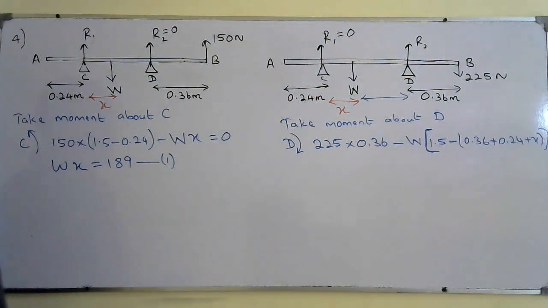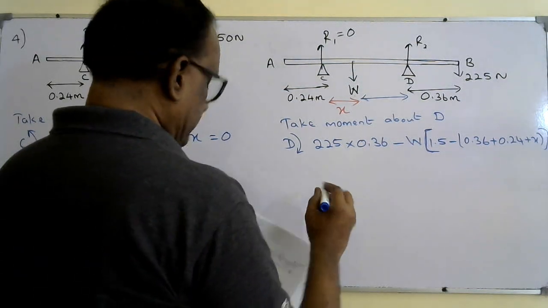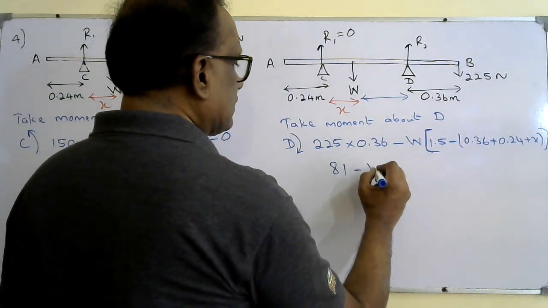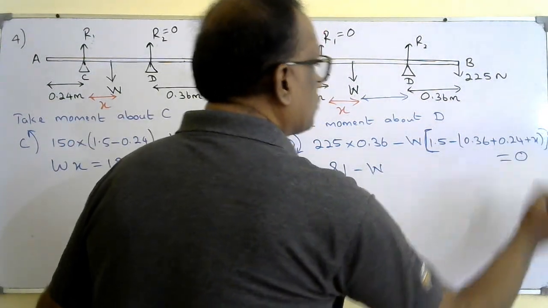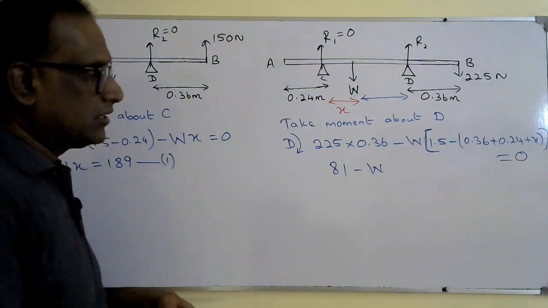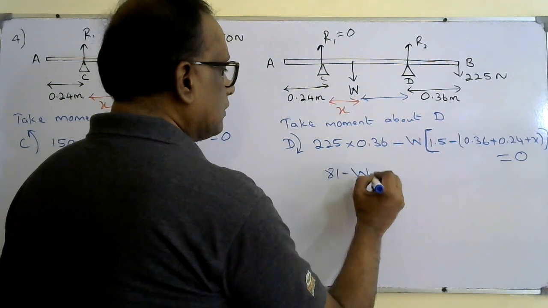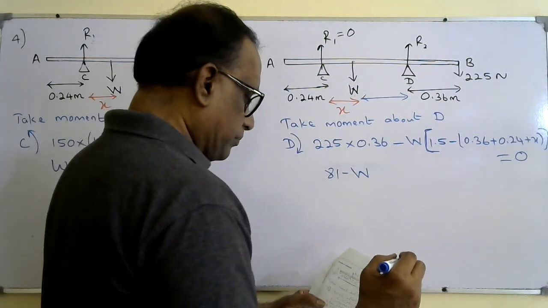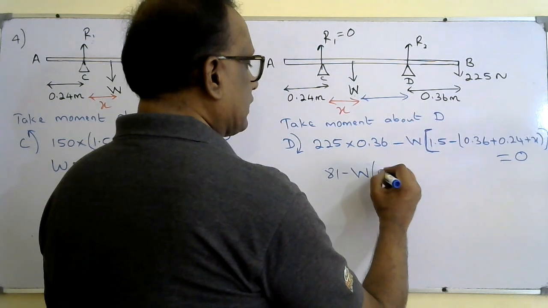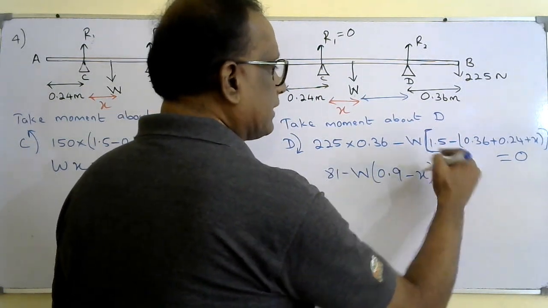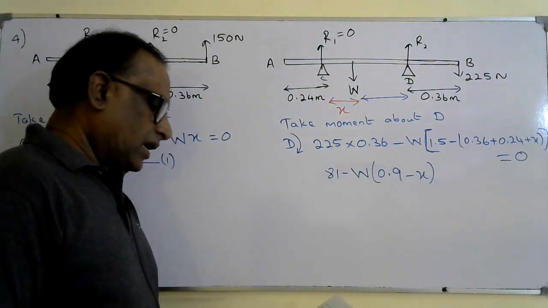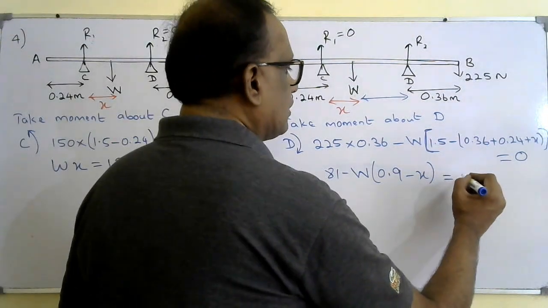That's the distance of W from D. When you solve the left side, it will become 81 minus W into 0.9 minus x, equal to 0. Total moment about D must be equal to 0.